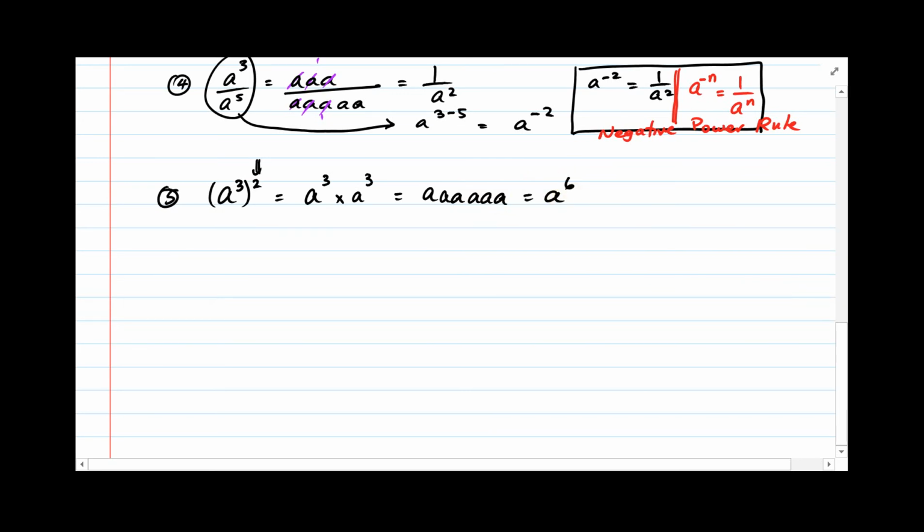And you begin to ask yourself, how could I get a to the 6th power based on what I have here? The rule that we have is a to the m raised to the n is a to the mn. So this is called the power of power rule, or the power rule.